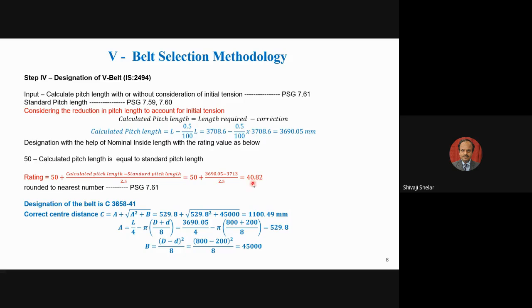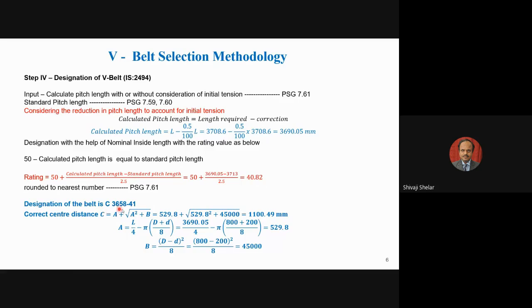So the designation of the belt now will become: C, that is the type of section. The inside nominal length corresponding to the standard pitch length of 3713, that is 3658, is from the first column of that table. Dash, your rating, the rounded rating value, is 41.